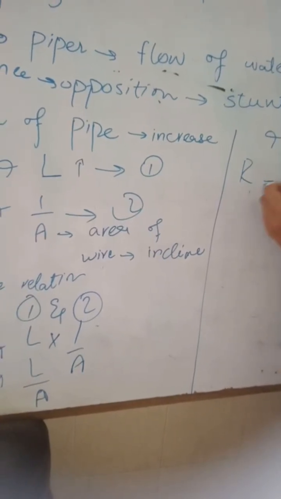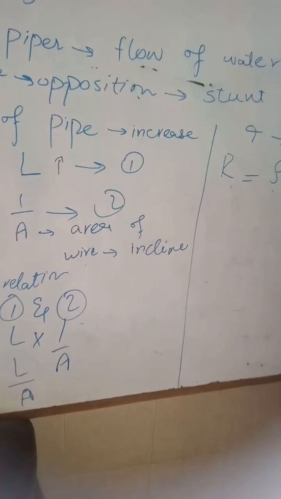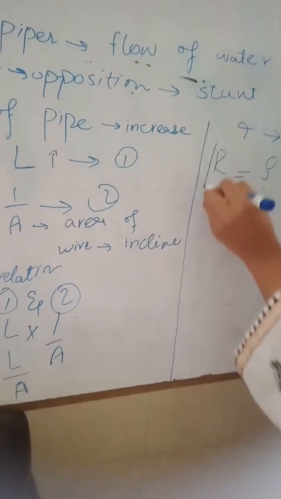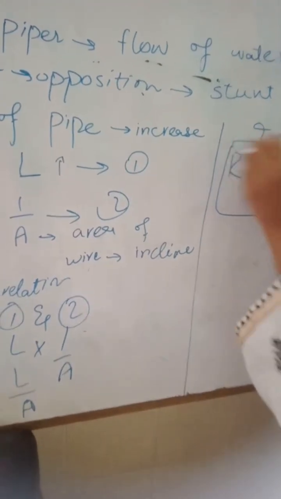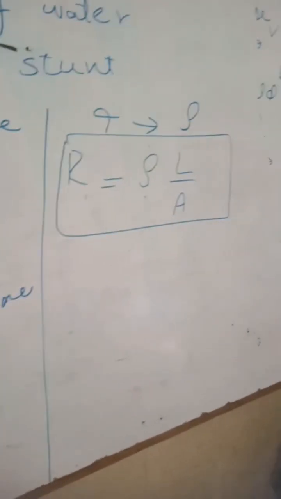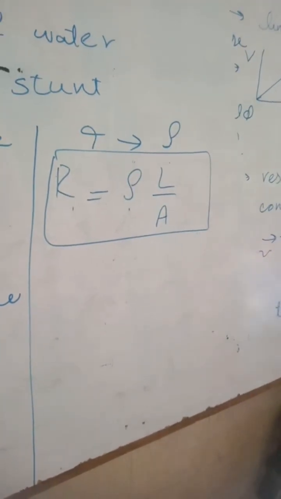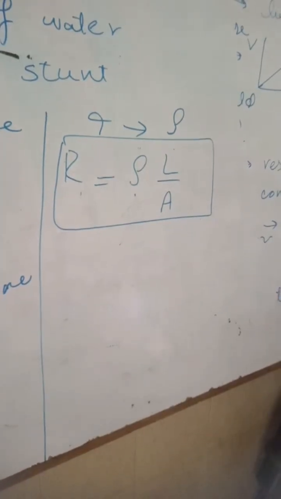R is equal to rho L over A. This is the main relation between resistance, length and cross-sectional area. How resistance is affected by length as well as cross-sectional area.